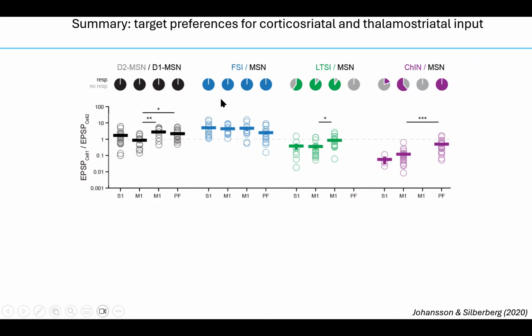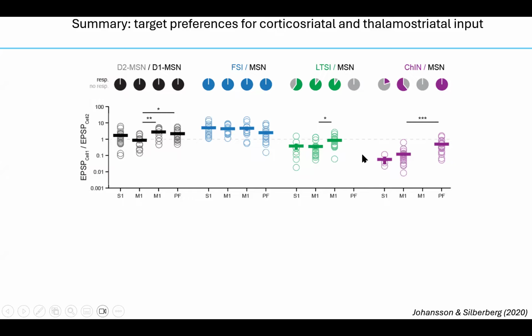And what stood out is that these parvalbumin cells, the fast spiking interneurons, had the strongest excitatory responses, and they provide feed-forward inhibition to the MSN. From all regions that we tested, they were the highest, with 100% connectivity, and always the highest synaptic amplitude that they received from the cortical and the thalamic regions.